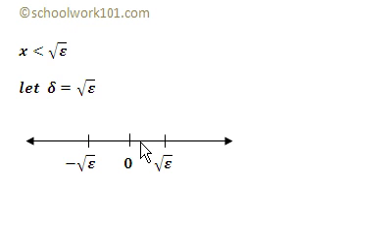Okay, and we talked about that. So this interval right here is going to guarantee us that the absolute value of f of x minus L is less than epsilon.